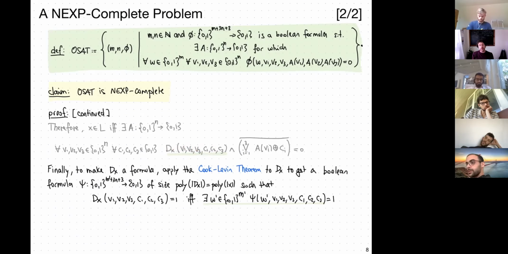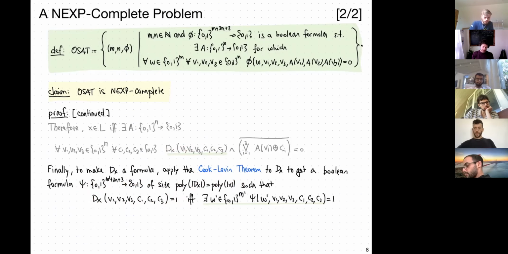And since it's a polynomial time algorithm, we don't want to have an algorithm in our description, we just want to have a formula. So we use Cook-Levin to write this thing as a Boolean formula too. We get this formula psi of polynomial size in x, and this would be the new way of locally accessing.